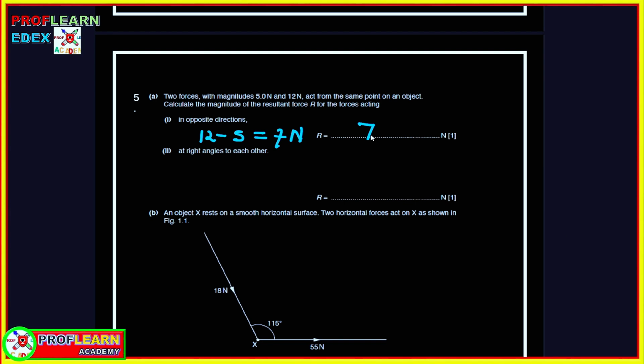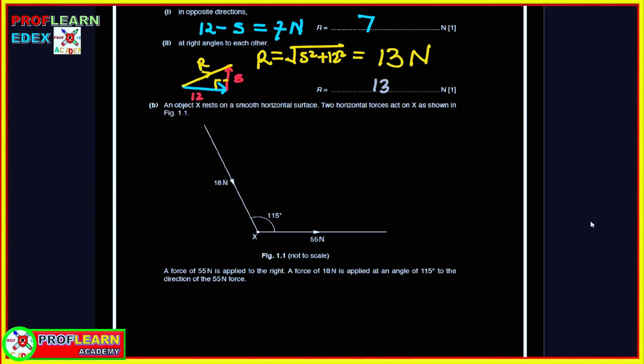When they are acting at right angles, so you have a vector in that direction, another vector in this direction, the resultant vector is the one joining like that, which is the longest side, the hypotenuse. So we can apply Pythagoras theorem at that point when vectors are perpendicular in order to get the resultant vector.